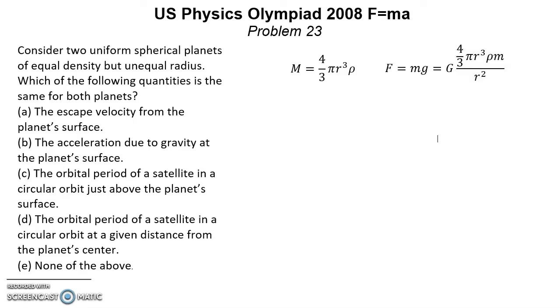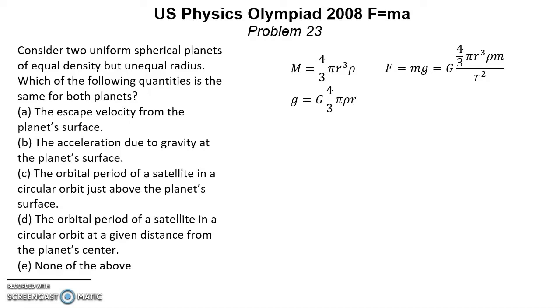So this force equals this expression, where m small is the mass of our object. From this formula we can find the acceleration of free fall right on the surface of this planet. As we can see, this acceleration is proportional to radius for the same density.